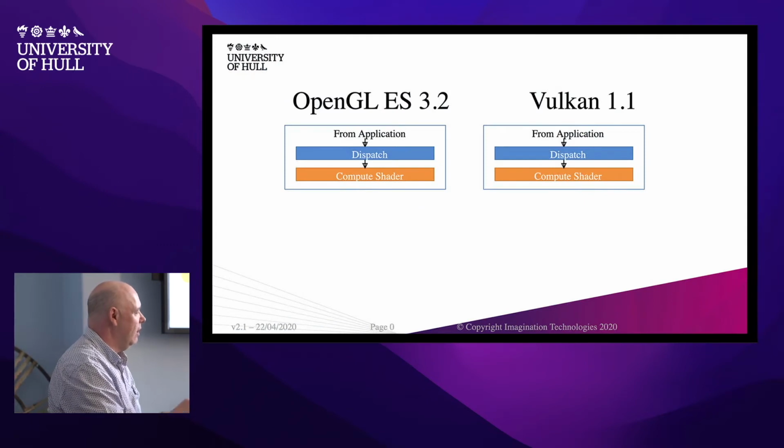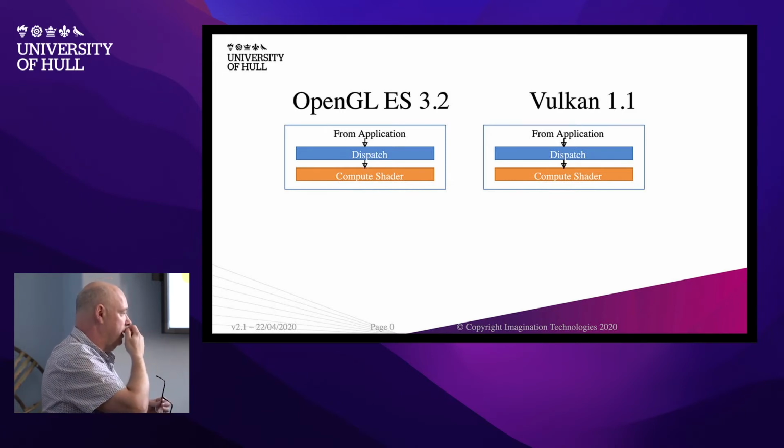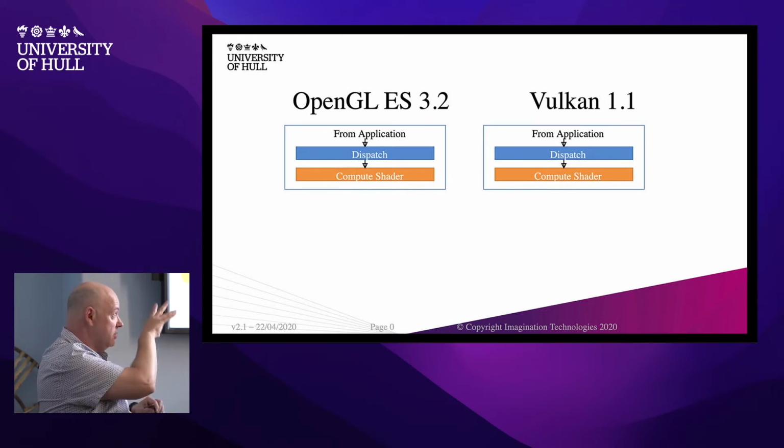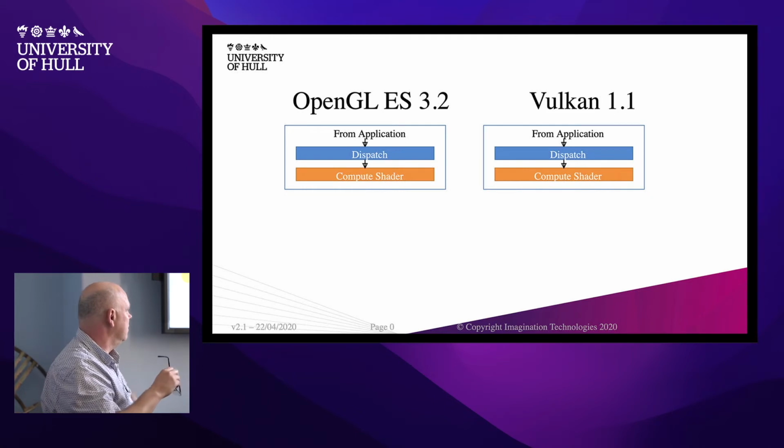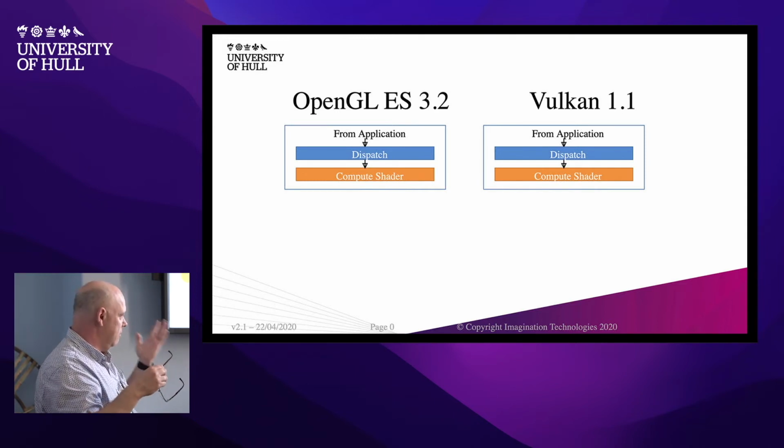Cool. Okay, so I've mentioned the compute shader. In fact, Robert mentioned the fact that the compute shader is being used in some of the other architectures as well. And it's ultimately about harnessing the power of a GPU, which is a very quick matrix and vector calculator, for non-graphics work.